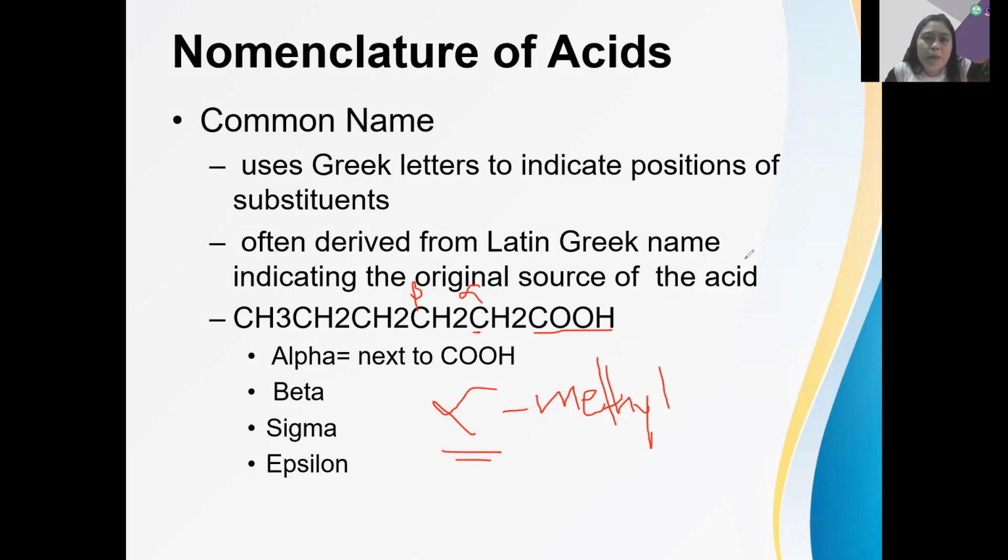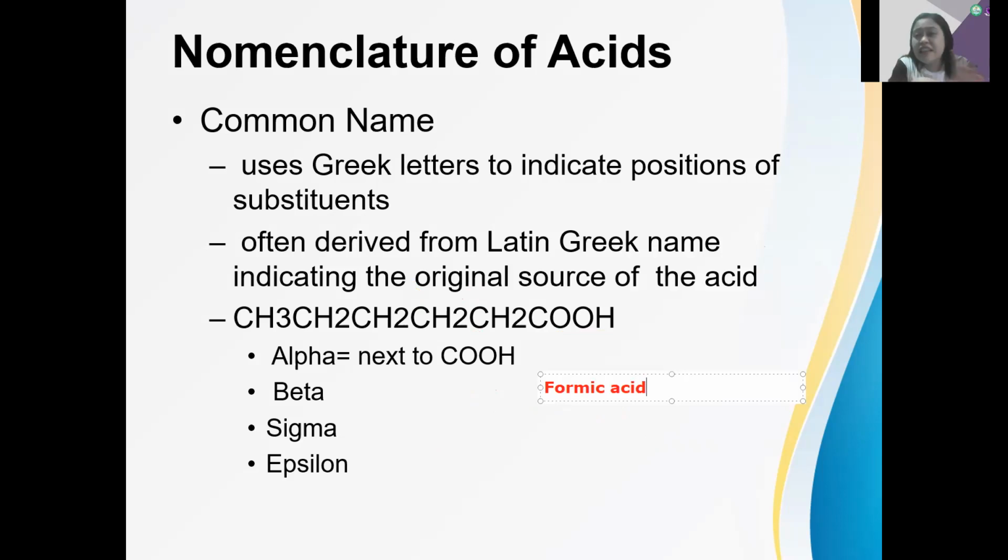So anong examples of the common names of our acids? Actually, yung mga formic acid, which is also found sa ants and bees sa sting nila. Pag nakakagat tayo ng bees and ants, diba, it's most likely itchy at the same time painful. So that will be due to the released formic acid.